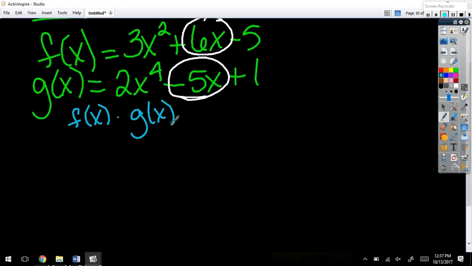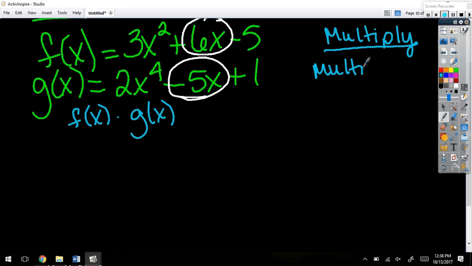Before we start working through this, when you multiply two terms together that involve variables and coefficients, what do you do? Like if I said 2x to the 5th times 3x squared.